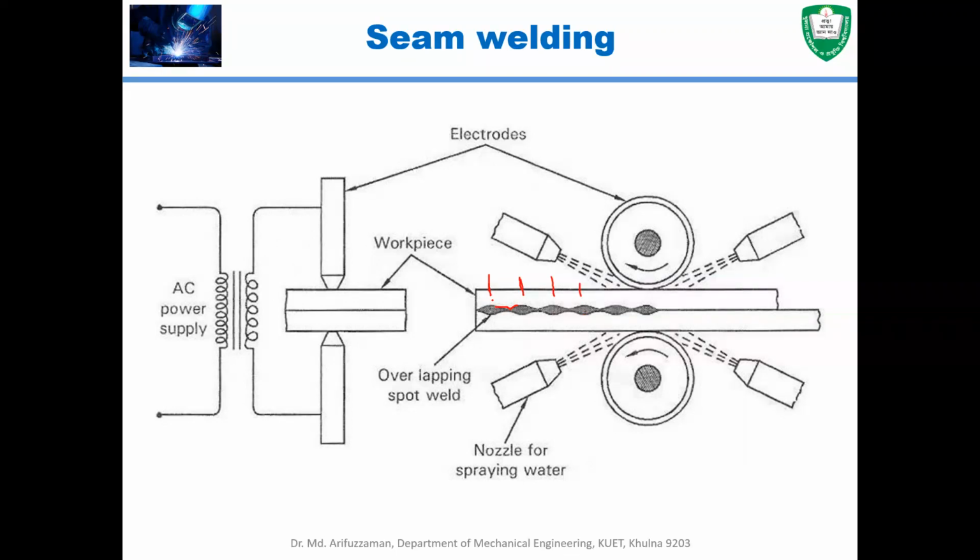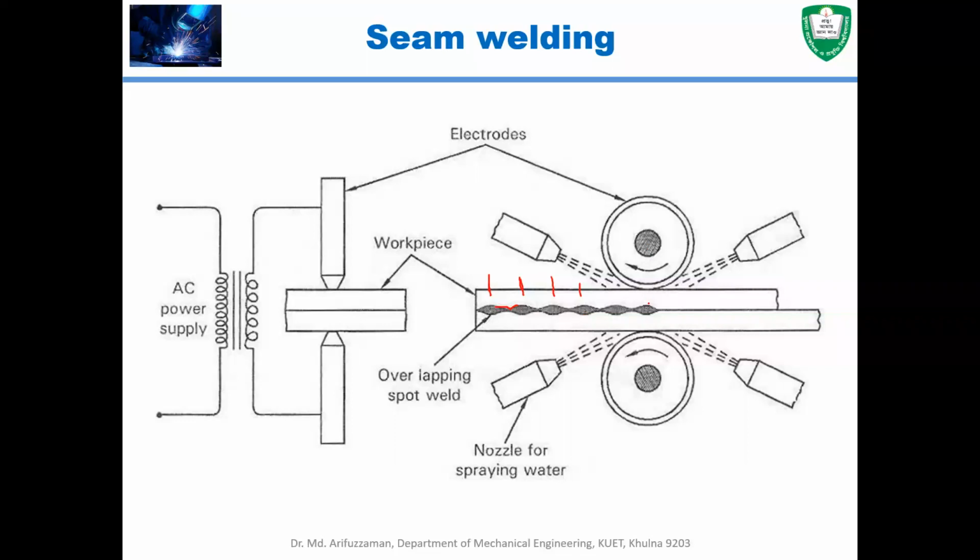Instead of applying pressure with those spot welding electrodes, if we use the electrode as a wheel, it will be continuously in contact with the two workpieces.